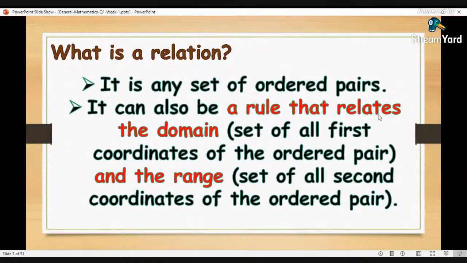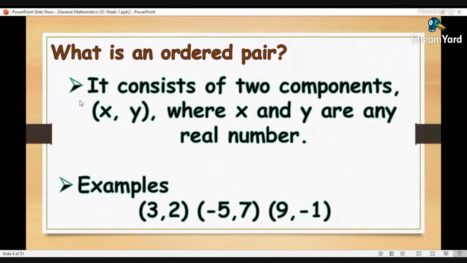It can also be a rule that relates the domain, which is the set of first coordinates of the ordered pair, usually the x values, and the range, which is the set of all second coordinates of the ordered pair, usually the y values. Sometimes we call the domain the input and the range the output. So, this kind of relation is different sa aton ng mga personal relationships. However, ma-relate nyo gina siya karon sa kinds of relations.